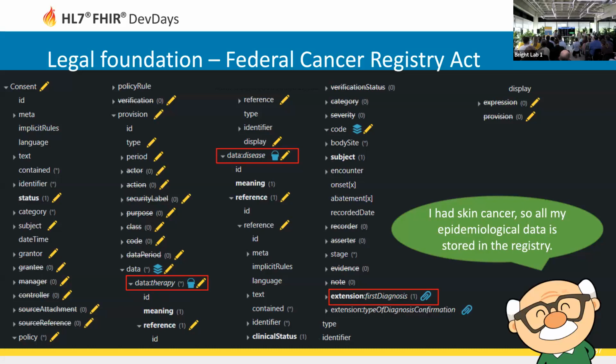All data attributes are given by law. It is possible to use certain resources and extensions because of the law, and it simplifies mapping data and also processing. It is not possible to give permission or revoke from this consent.